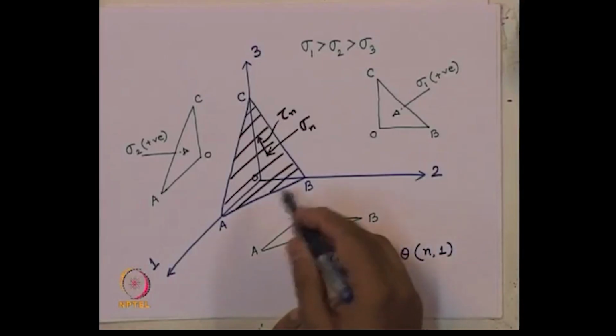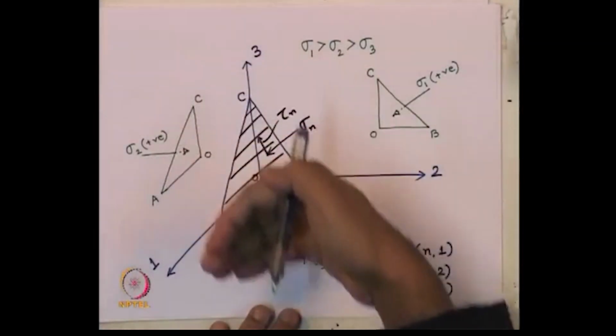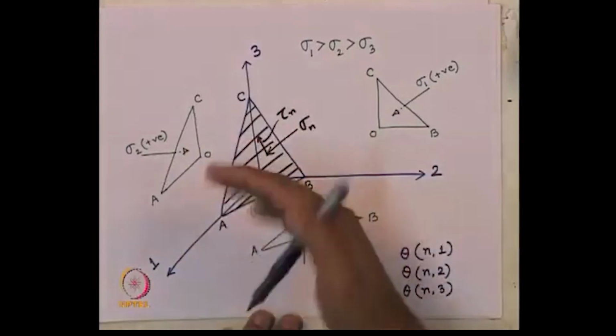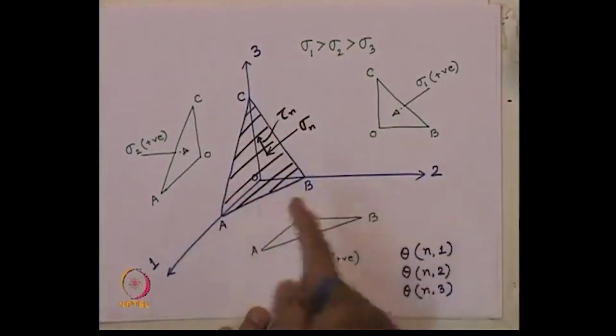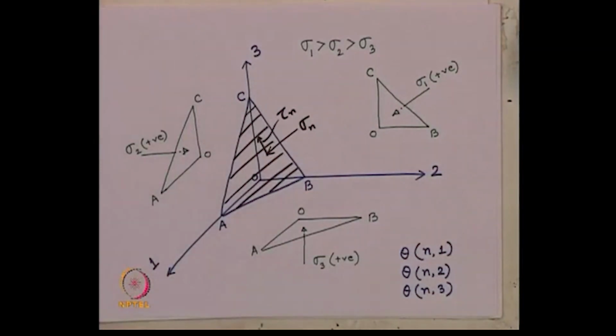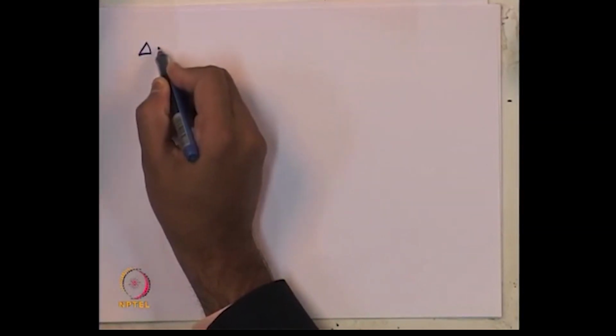The other angle it makes with axis 2 is given by theta n2, and theta n3 with respect to axis 3. So, these are the three angles made by this nth plane with respect to axis 1, axis 2 and axis 3.